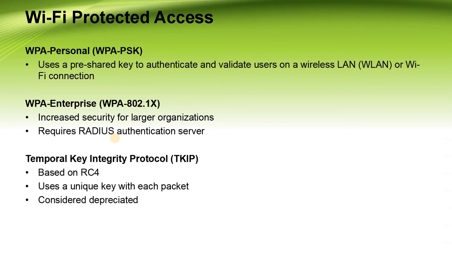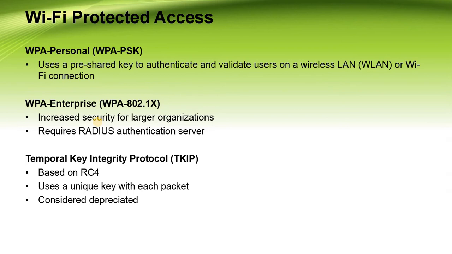TKIP, Temporal Key Integrity Protocol, was created as a stopgap security measure to replace the WEP protocol without requiring the replacement of legacy hardware. The breaking of WEP had left Wi-Fi networks without viable link layer security, and a solution was required for already deployed hardware.